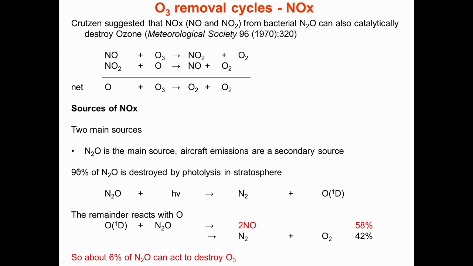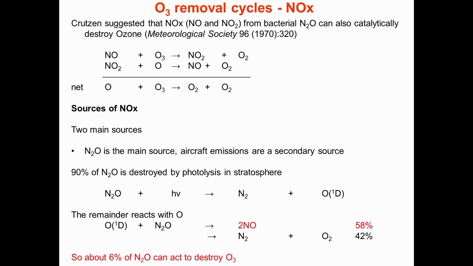So what's left, the other 10%, can react with hot oxygen to produce NO. And about 58% of it does this, and another 42% of it just goes to N2. So overall, about 6%, so 58% of 10%, so about 6% of N2O can lead to this cycle. So again, the NOx cycle isn't very efficient.